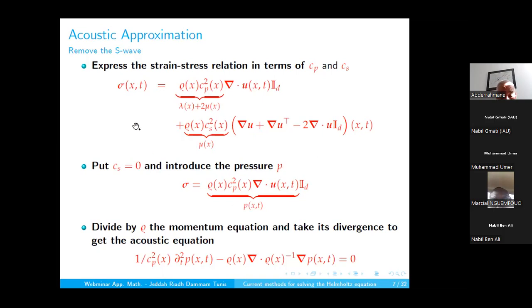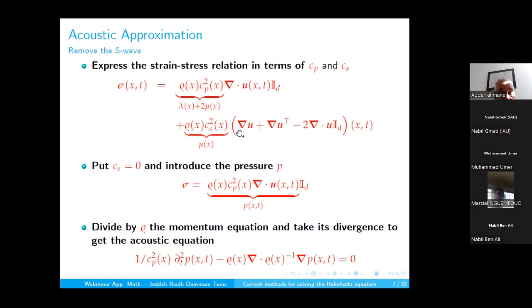In this way, you see that the only part in the stress that remains is this part, and you see that this part is in fact a relation which characterizes the compressional wave.